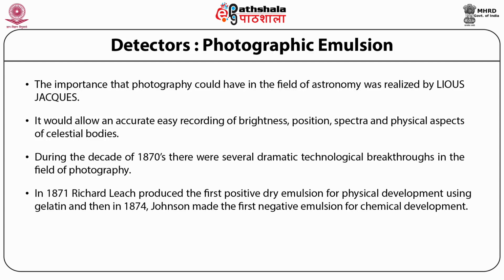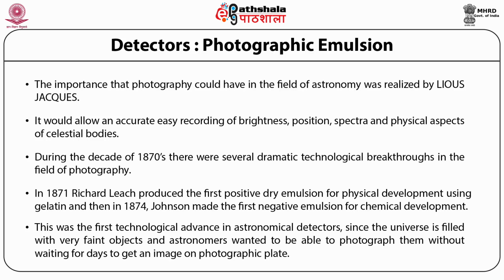Later, Charles Bennett increased the speed, the sensitivity to light, of gelatin silver bromide emulsion by aging them at 32 degrees centigrade in a neutral medium. This was the first technological advance in astronomical detectors.